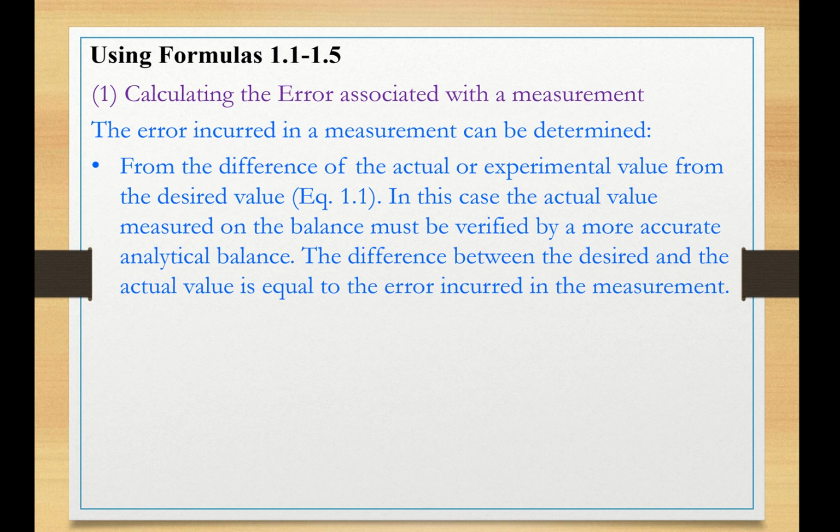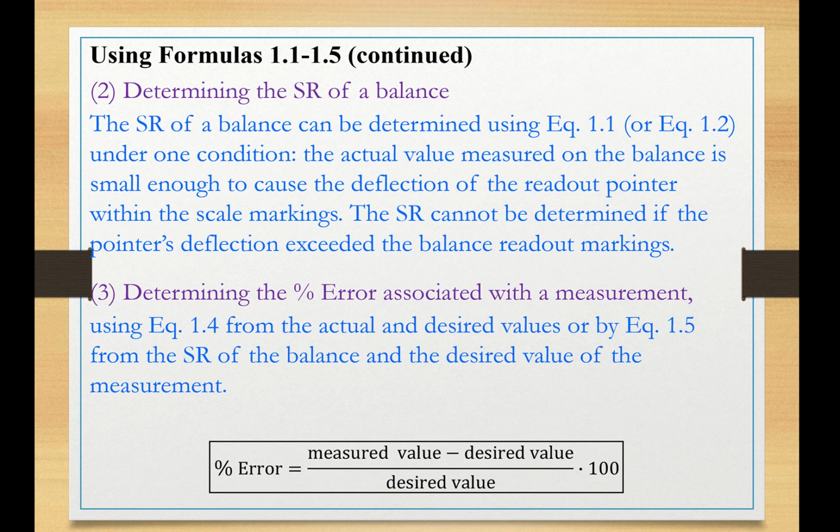We can use formulas 1.1, 1.2, 1.4 and 1.5 to calculate several of the parameters written in those equations. First, as we have just seen in the previous example, we can calculate the error associated with a measurement from the actual and the desired value, the difference of it, right? We can also determine the SR of the balance using the same equation.